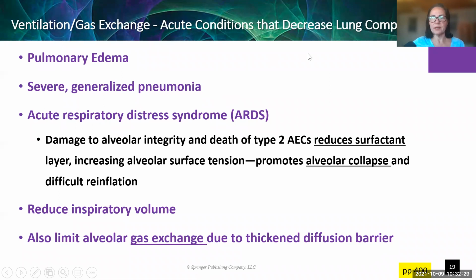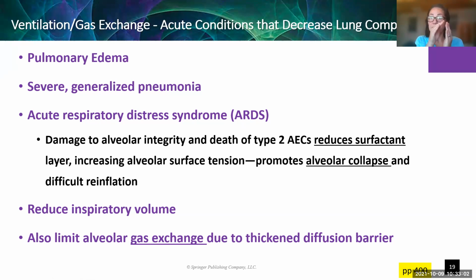Continuing with these restrictive diseases, this is in acute conditions, something that would come on more suddenly. For example, pulmonary edema, severe generalized pneumonia, acute respiratory distress syndrome. And we addressed this briefly earlier when we talked about surfactant. In acute respiratory distress syndrome, the death of the type 2 cells reduces the production of surfactant.